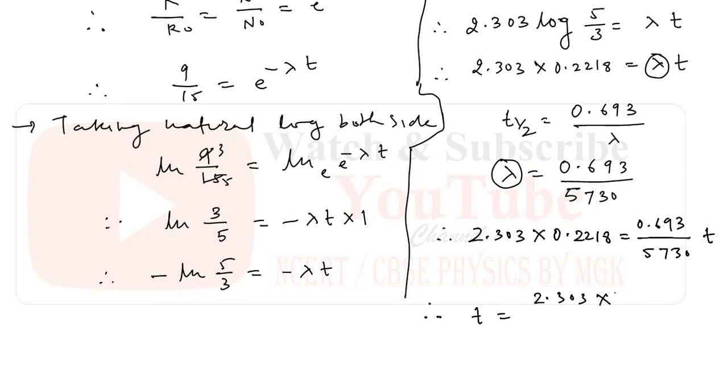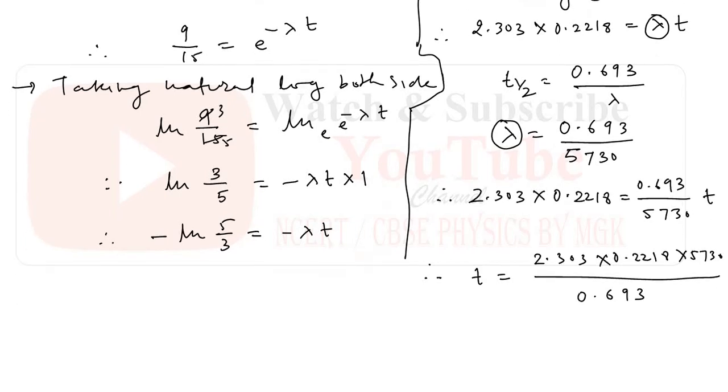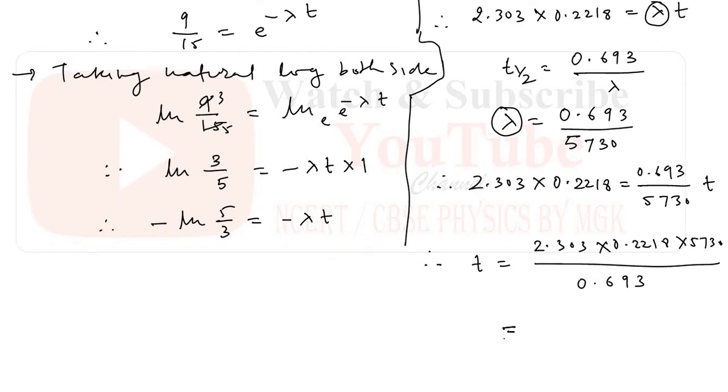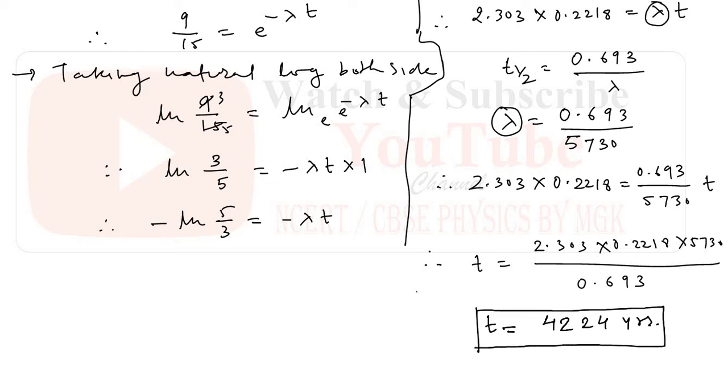So t is equal to 2.303 multiplied by 0.2218 whole multiplied by 5730 divided by 0.693. So after solving this fraction, we get the time required for it as 4 to 4 years. So this is the time required.